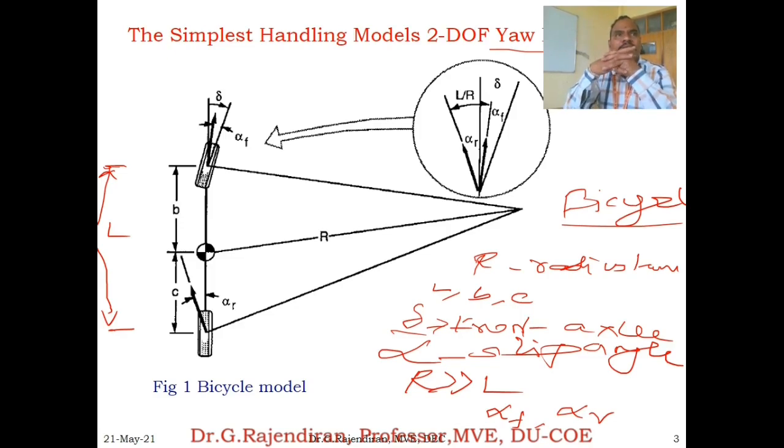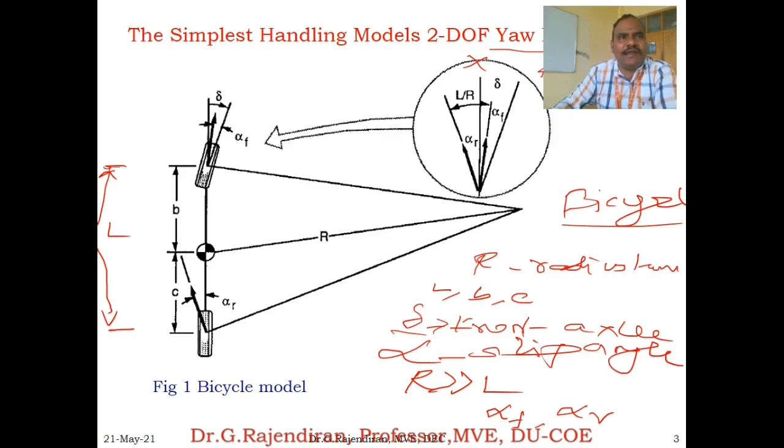Clear? Now, when you are superimposing all the angles, for example, this is the vehicle longitudinal axis.